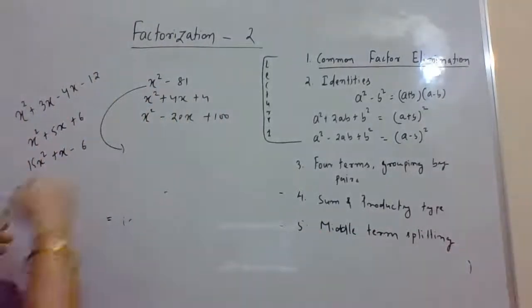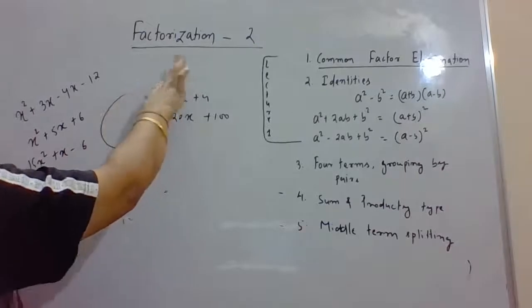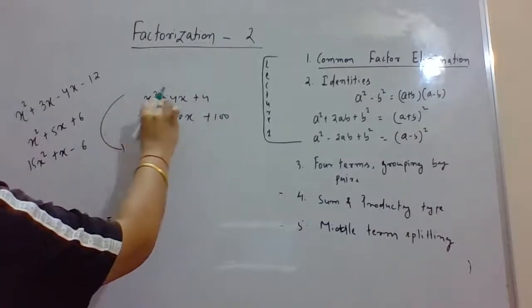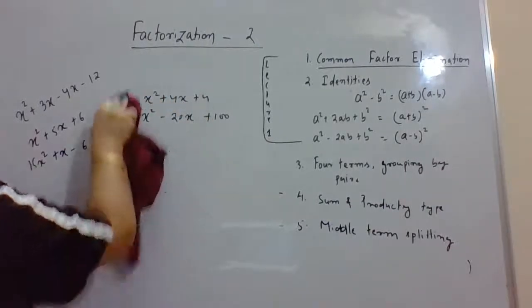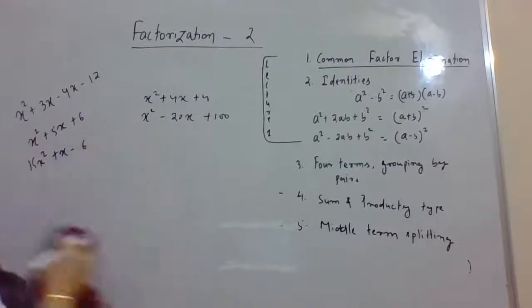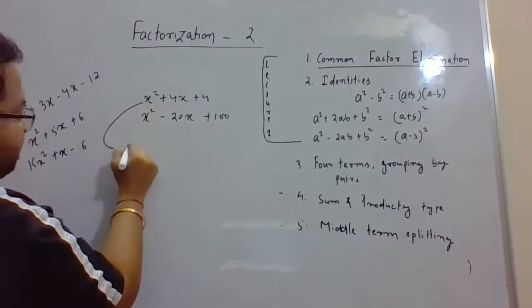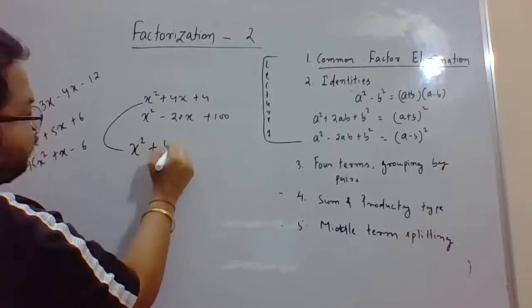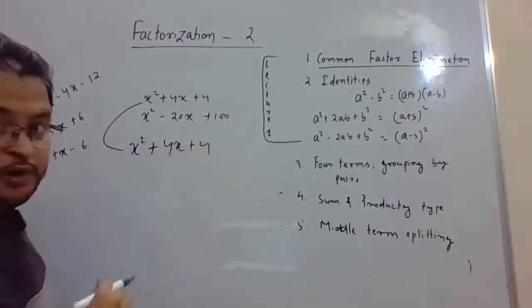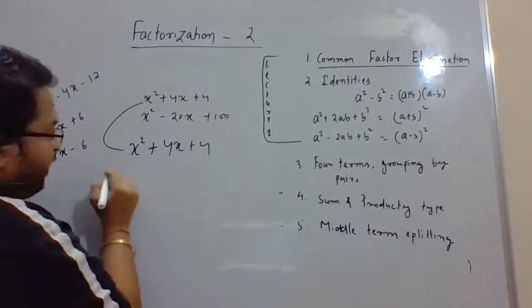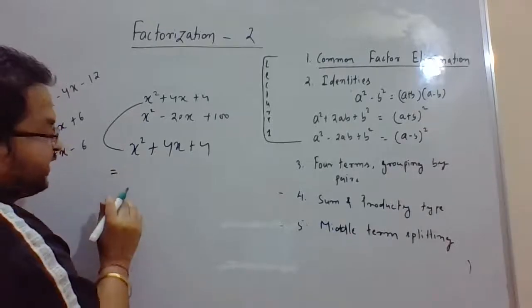Okay. So the next problem which I indicated, x squared plus 4x plus 4. So if I want to factorize this one, x squared plus 4x plus 4, if you see here, I can rewrite it like this, right?